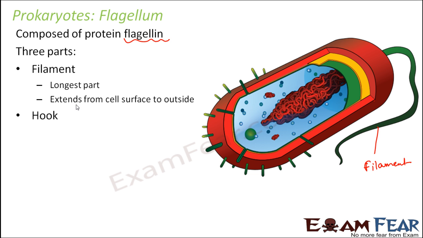The next part is the hook, and the third part is the basal body. So these are the three parts. So basal body is the area where it attaches to the organism's cell surface. So that is the basal body. After that, the next area is hook, and then it is followed by the filament.